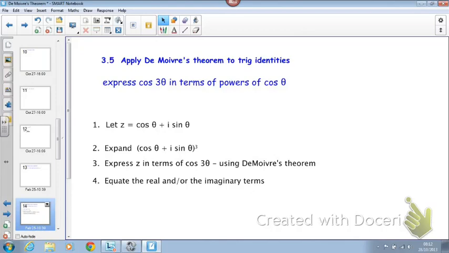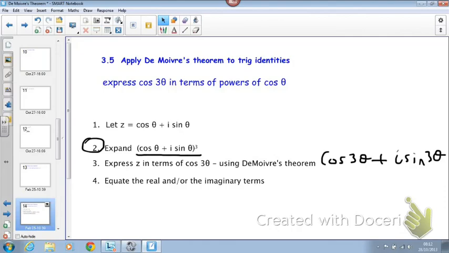So let's do de Moivre's theorem first. We know that z to the power 3 will be cos 3θ plus i sin 3θ. Then for step 2, we expand this bracket using the binomial expansion. We know the coefficients for the power 3 are 1, 3, 3, 1.